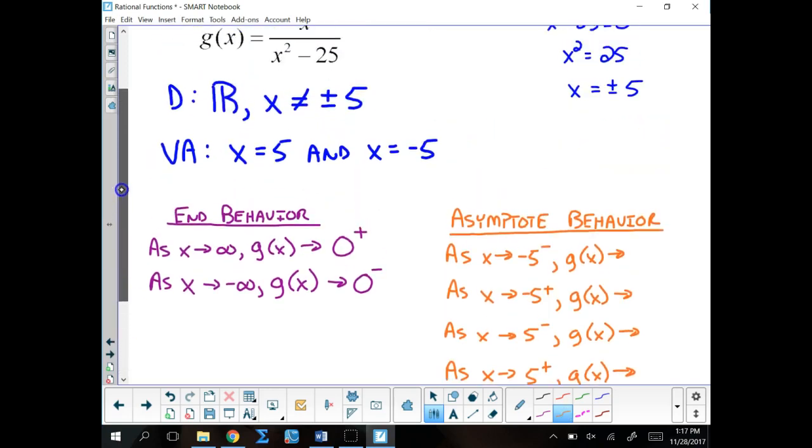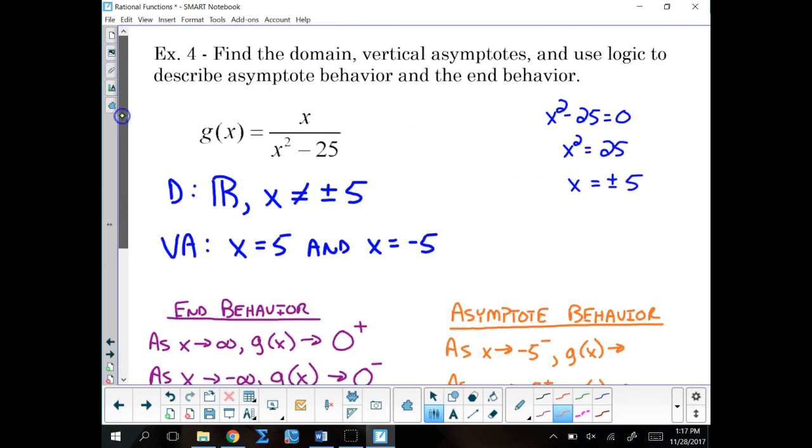Okay. So, let's talk now back at our function. Give me a number close to negative 5, but on the left side of negative 5. Negative 6. Okay? So let's go negative 6. So this is going to be negative 6 over what?